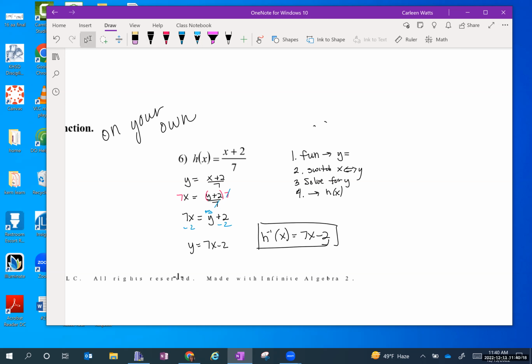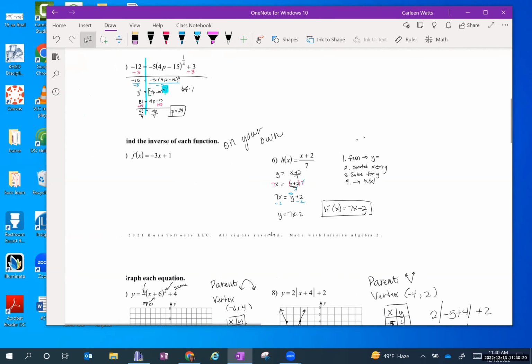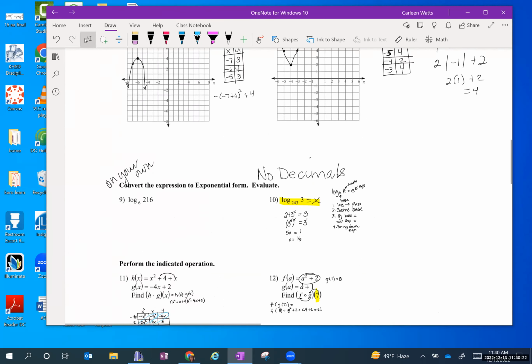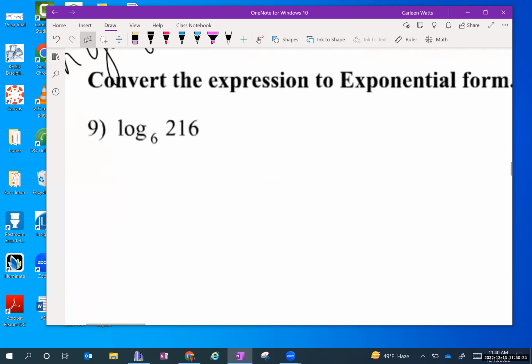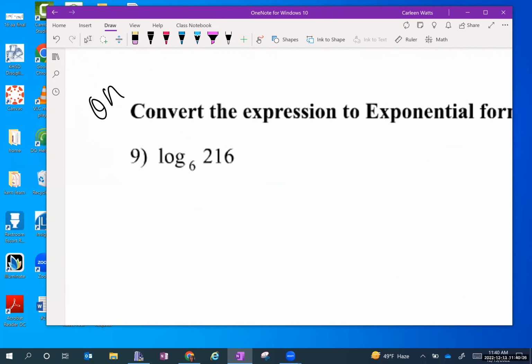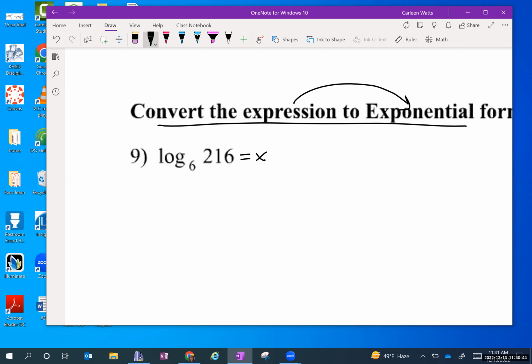Number 9. Okay. Now it says convert to exponential form, which means you cannot do change of powers, change of base. So we're going to go from log form to exponential form. Base, exponent, answer.